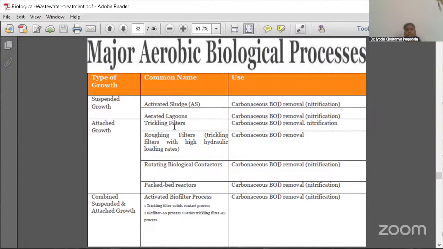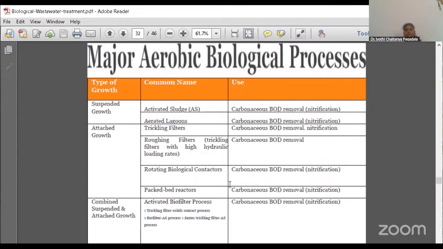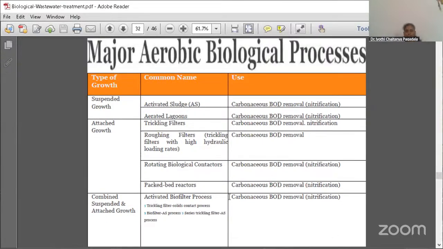In the aerobic process, activated sludge, which we already discussed, is used for removal of carbonaceous BOD, as are aerated lagoons. Attached growth includes the trickling filter, which we just discussed, used for removal of carbonaceous BOD and nitrification, and roughing filters, which are trickling filters with high hydraulic loading rates, rotating biological contactors, and packed bed reactors.